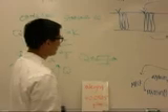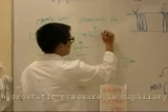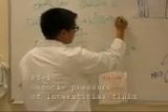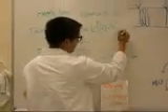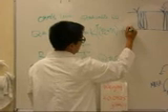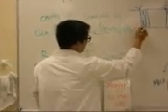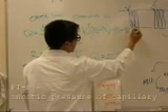K is the permeability coefficient, times the pressure of the capillaries minus the oncotic pressure of the interstitial fluid, subtracted by the pressure of the interstitial fluid plus the oncotic pressure of the capillaries.